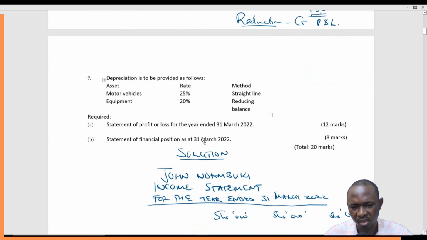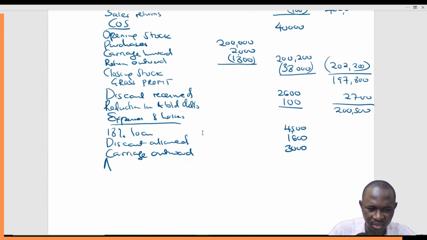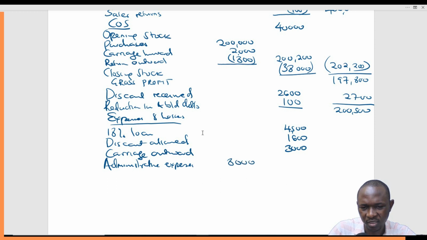So we'll come here and say administrative expenses. Since we have workings, we just say 80,000 in the inner column, and then accrued or outstanding is 1,000. So then the total is 81,000. That's how we go about it.